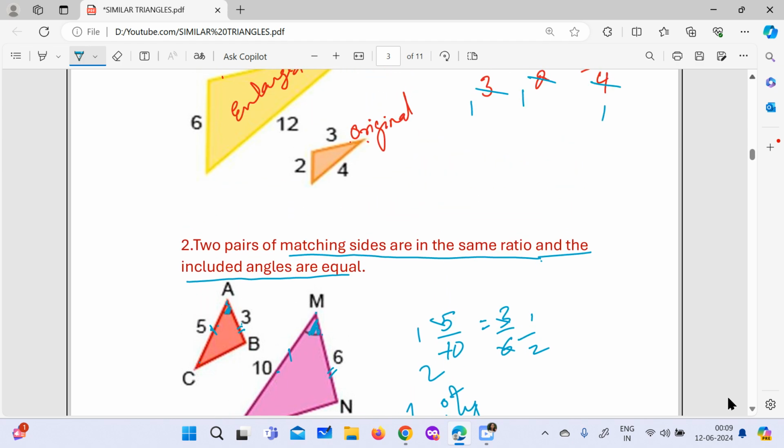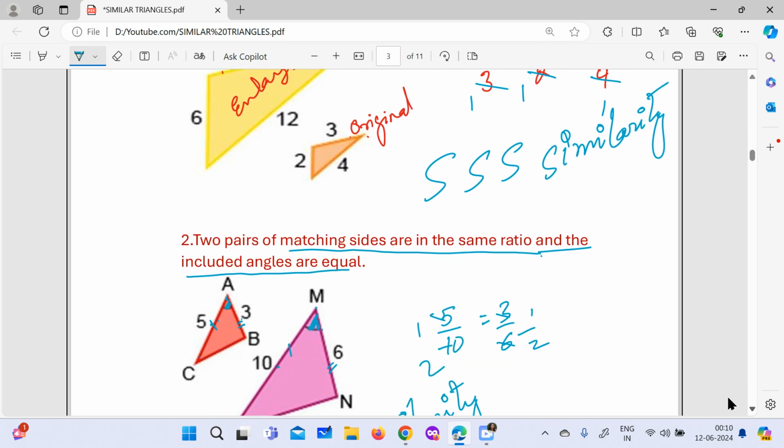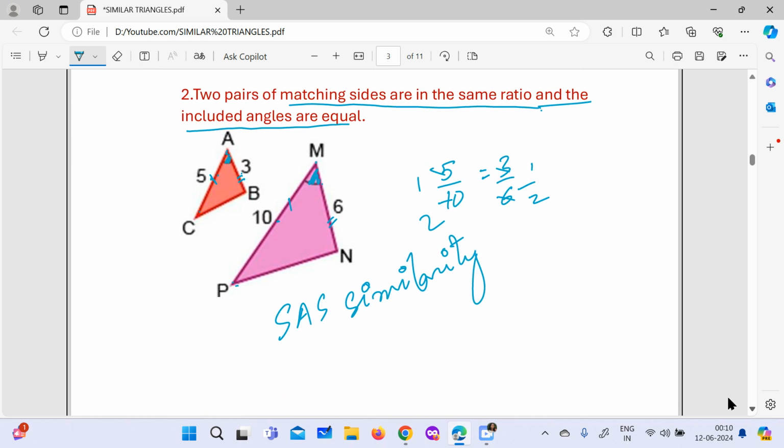Okay, I didn't tell you about this one. What similarity is this? All three pairs of matching sides are in the same ratio. Then we call it SSS similarity because all three sides are in proportion. The second one is SAS.